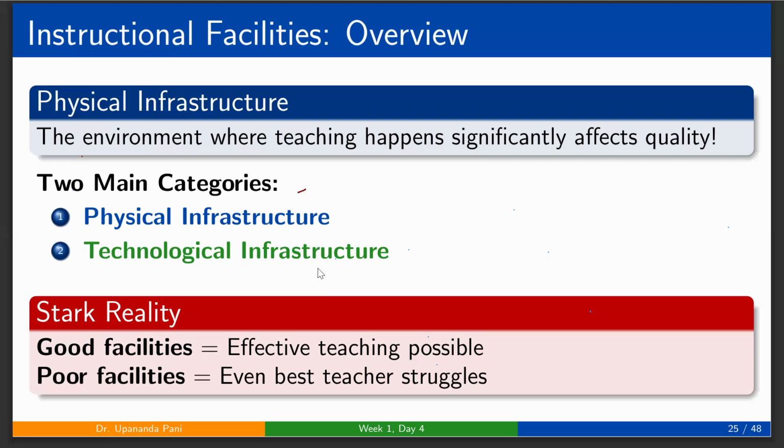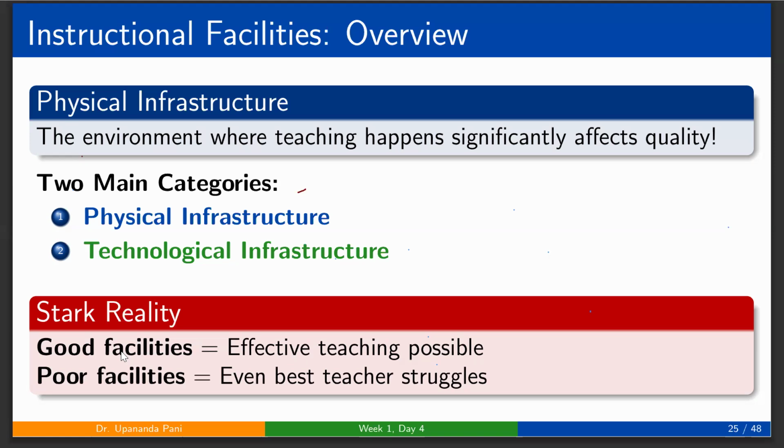But at the same time you should know the stark reality. Good facilities mean effective teaching is possible. But let me change it a little. Let's say an institution has all the good facilities, but still teaching is not possible. Then you will go back and see why the learners are not motivated, what those factors are, and why your teachers are also not motivated.